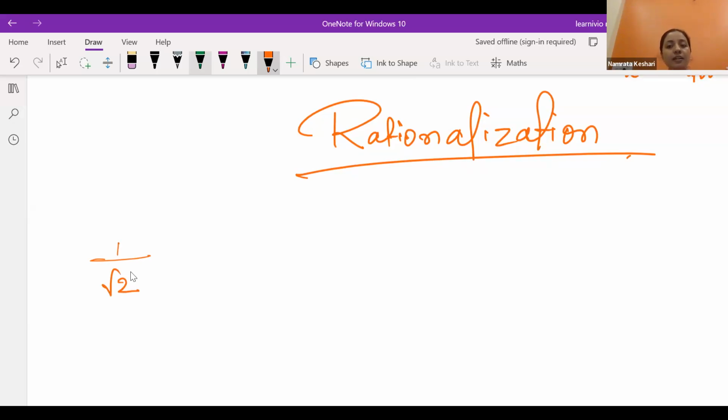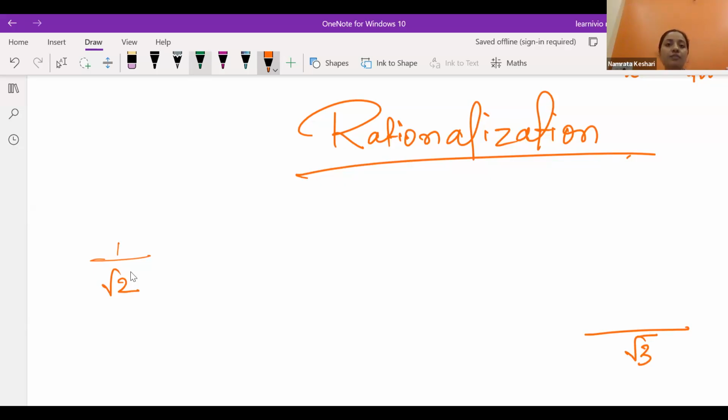The standard way of writing an answer anytime anywhere. If the denominator contains a square root, we will try removing it. Here you are particularly learning how to remove the root from the denominator by doing rationalization.